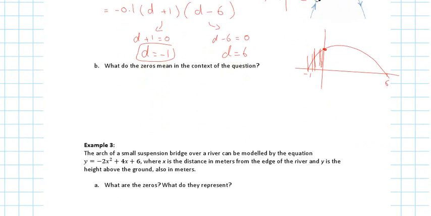So let's write that down. Why would it become 5 meters? Nope. That's 6 meters away from the 0, right? So it is still 6 meters away from the 0. So we're going to say the negative 1 is discarded.